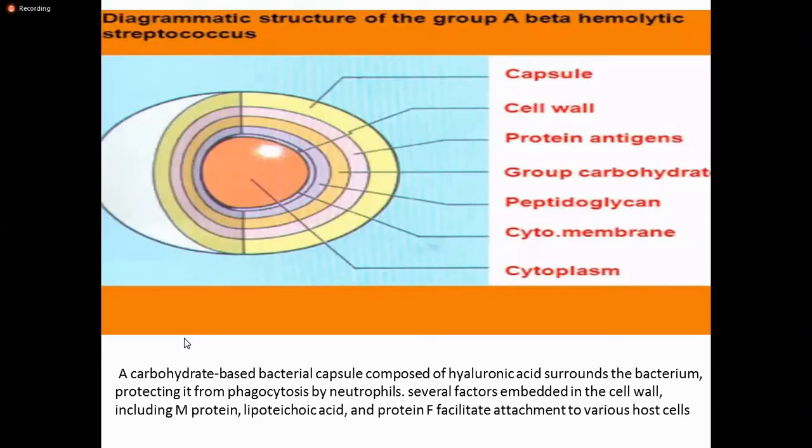Group streptococci contain a capsule outside the cell wall, and then there is the cell wall, and inside the cell wall there is a protein structure.